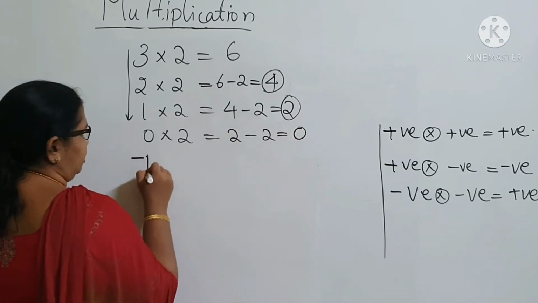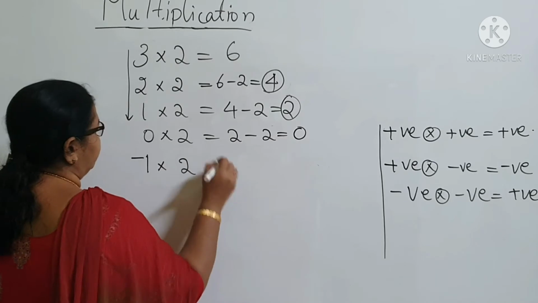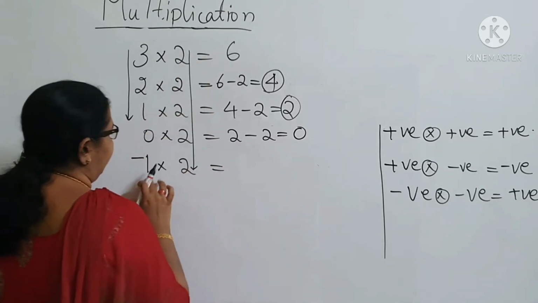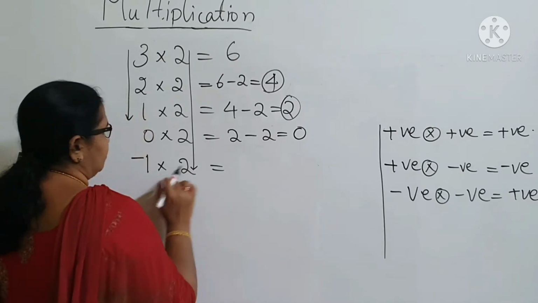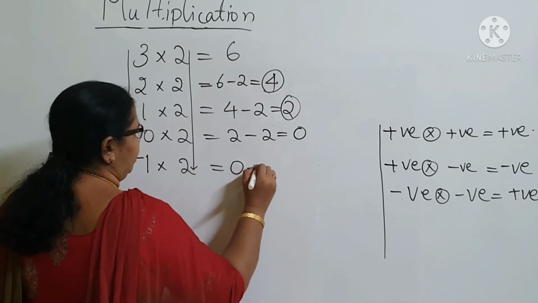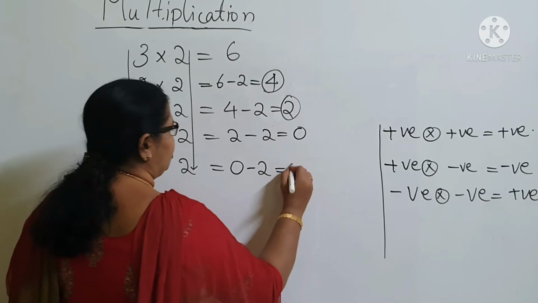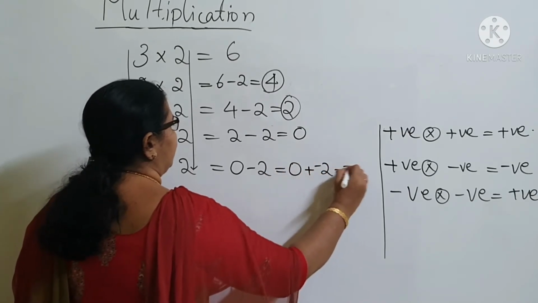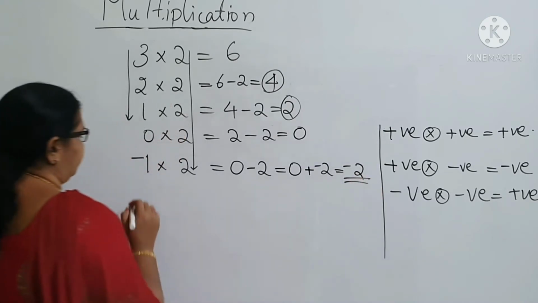Then the next integer is negative 1 into 2. Negative 1 into 2, this 2 is stable. Negative 1 into 2 is 0 minus 2. This 0 minus 2 is 0 plus negative 2, the additive inverse of 2 is negative 2. The answer is negative 2.